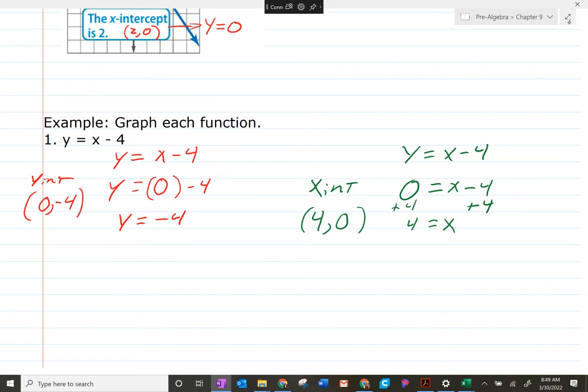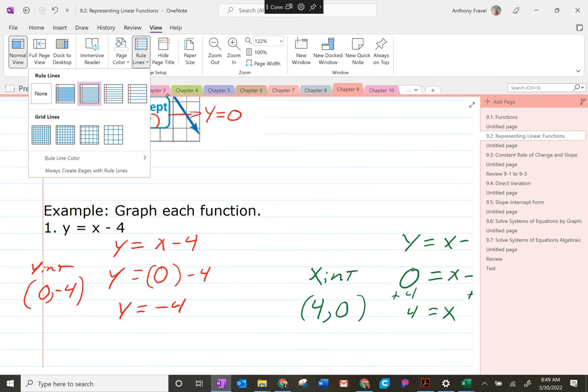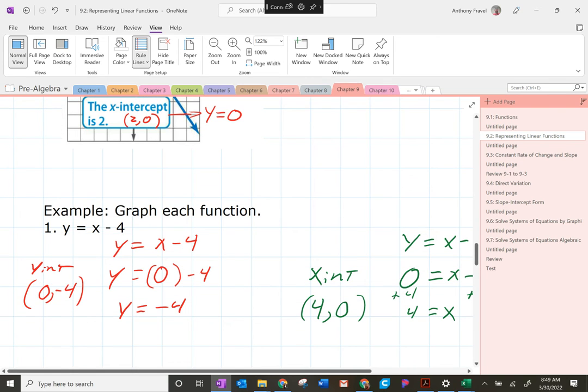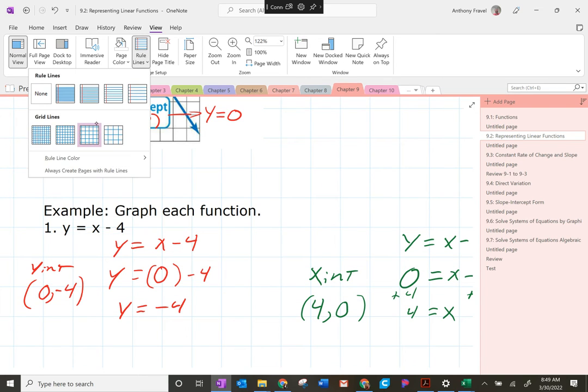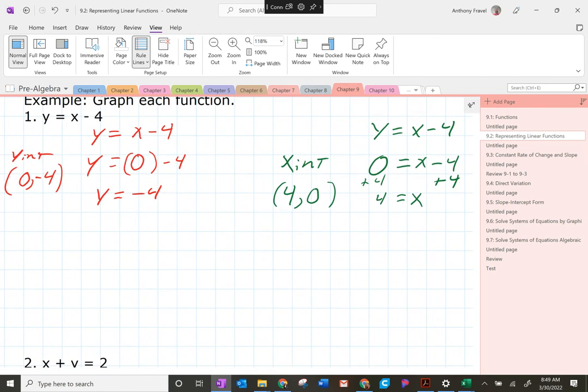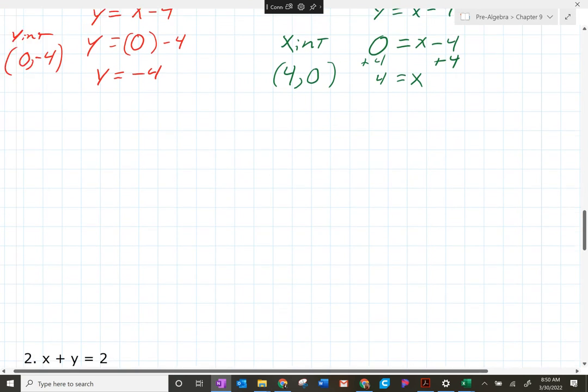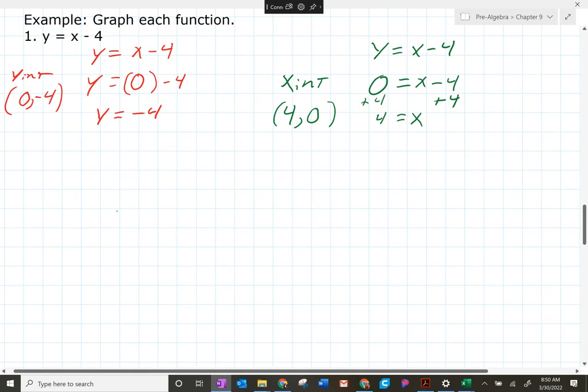I'm going to switch over from line paper to graph paper. I need some smaller graph paper. So my ordered pair that I get to work with here.